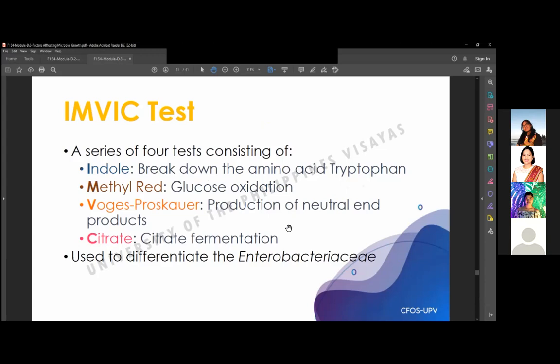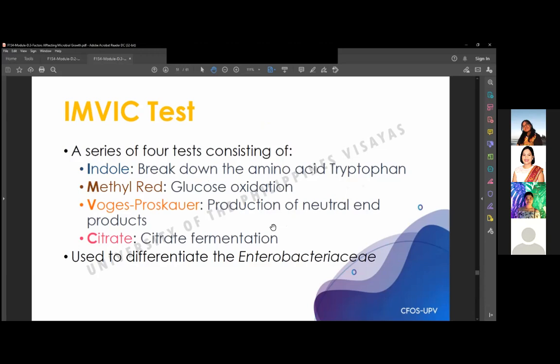This IMVIC test is a series of four tests consisting of indole, methyl red, Voges-Proskauer, and citrate. So it's IMViC, right? What is the purpose of the I? You should know that. Actually, it has no importance.